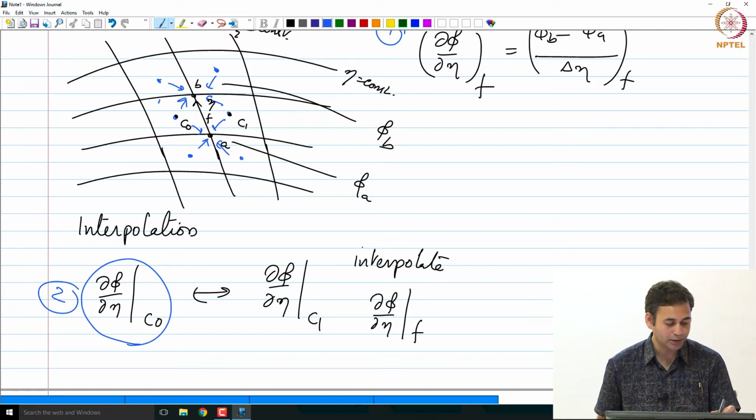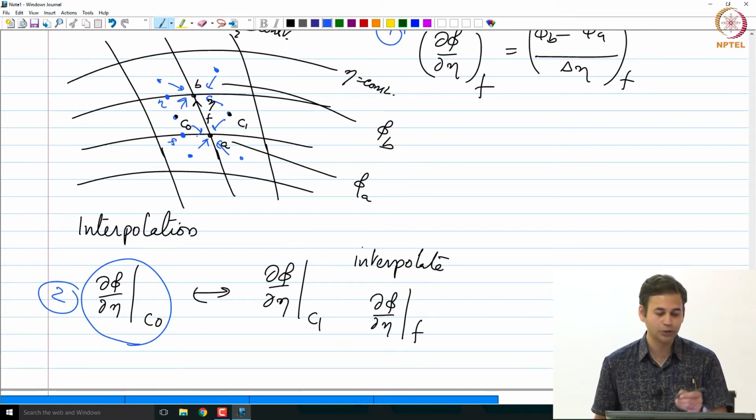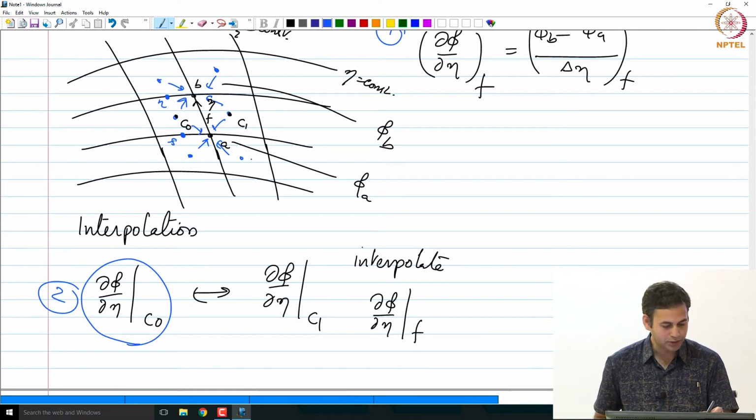Essentially you would need the north and the south values here. So, one way is to calculate partial phi, partial eta here and then average them, or use some kind of interpolation. So, on the north face you would use, let me number these things, this is 1, this is 2, 3, 4 and 5, okay.